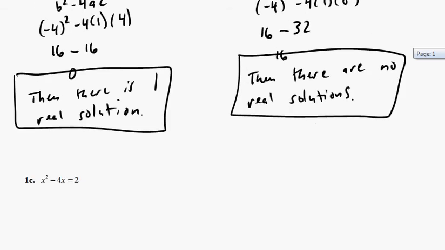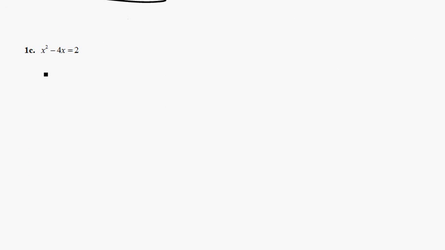Last but not least, part C. Arranging so we have the equation in standard form, we get x squared minus 4x minus 2 equals 0. So the discriminant is negative 4 squared minus 4 times 1 times negative 2.